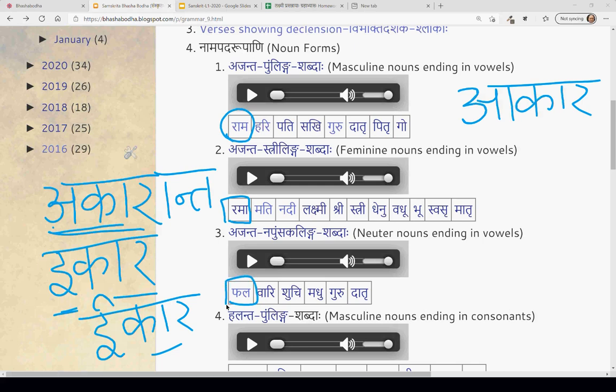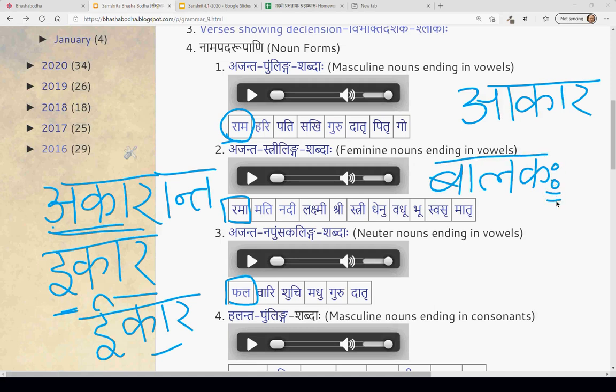And here Phala, Griha, Vastra, Pushpa, they are the base words. So when we look at the tables, we first want to know the base word and how it ends. For Balaka, we want to know the different forms, the Vibhakti table of Balaka. Suppose we know Balakaha.